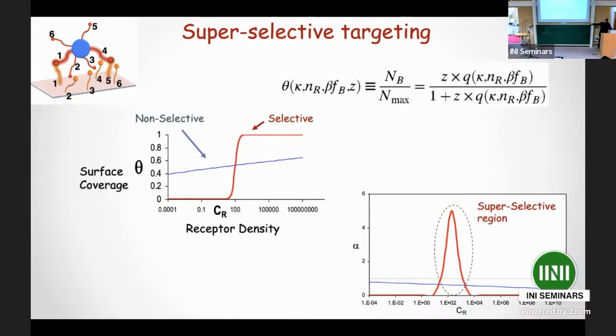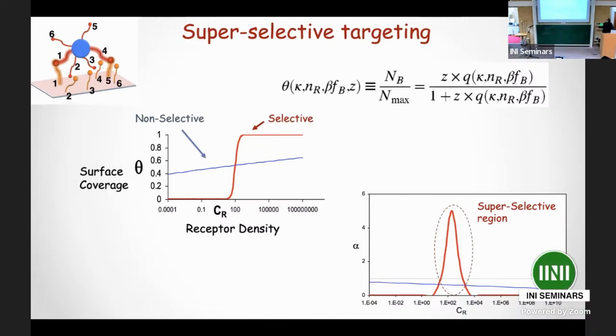Let's say we have the dependence which looks like this blue curve: this is not selective. We increase the density by several orders of magnitude, and the surface coverage only goes up by a small factor. That we call non-selective, and what we call selective is this kind of on-off response. There is practically no binding until a certain threshold, and then it jumps to complete coverage.